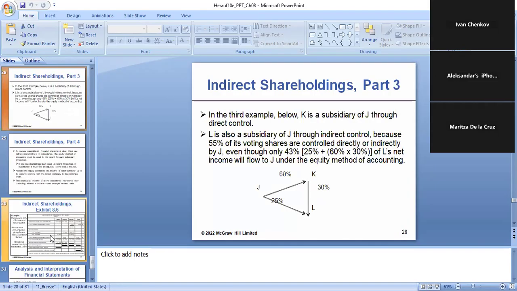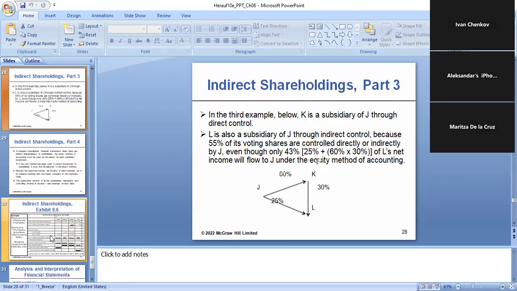Next example for the indirect control, again, will be company J, company L, and company K. So J owns 60% of K, which means J definitely has control over K. Now J also owns 25% of L. At this point, J has not control, but what was that?